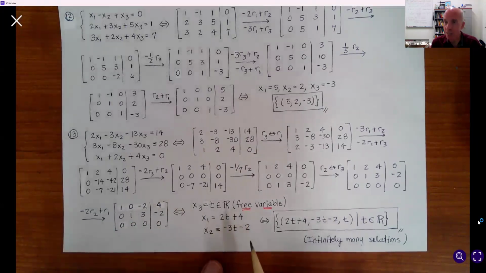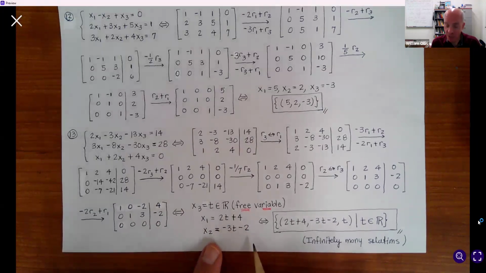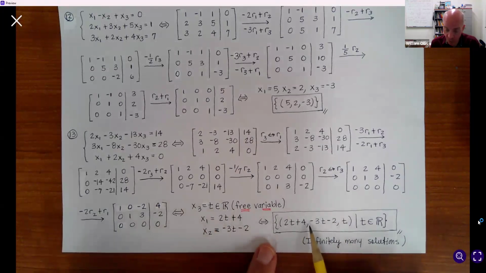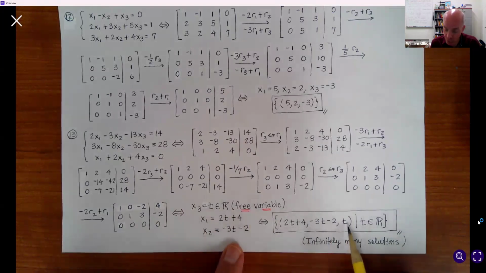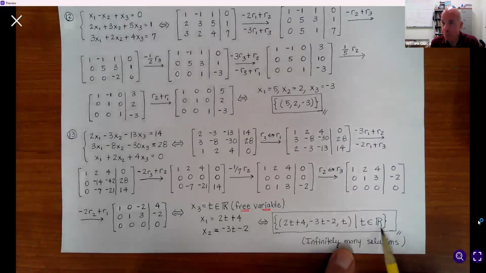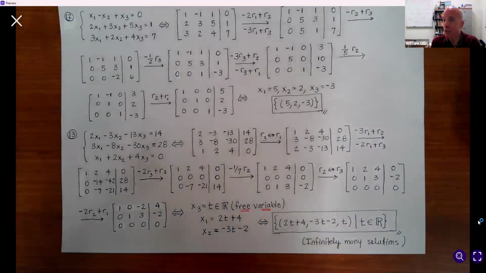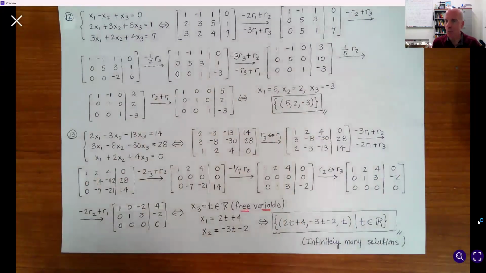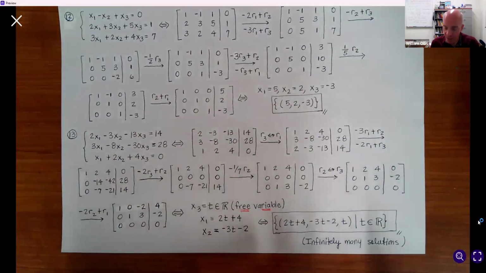So again, these are nice expressions, no fractions, and we can simply move to the solution set. x1 is 2t plus 4, x2 is -3t minus 2, and x3 here is just what? t. And then we denote t as being a real number in that it can take on any value you like. We're sticking to real numbers here, but we could use imaginary numbers too. It wouldn't matter, but these are basically solved in the real case, so we stay away from those. And then I just noted down here infinitely many solutions.